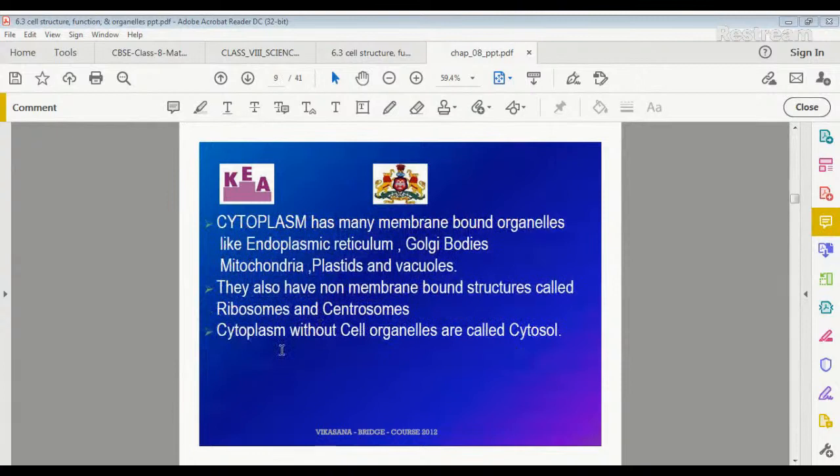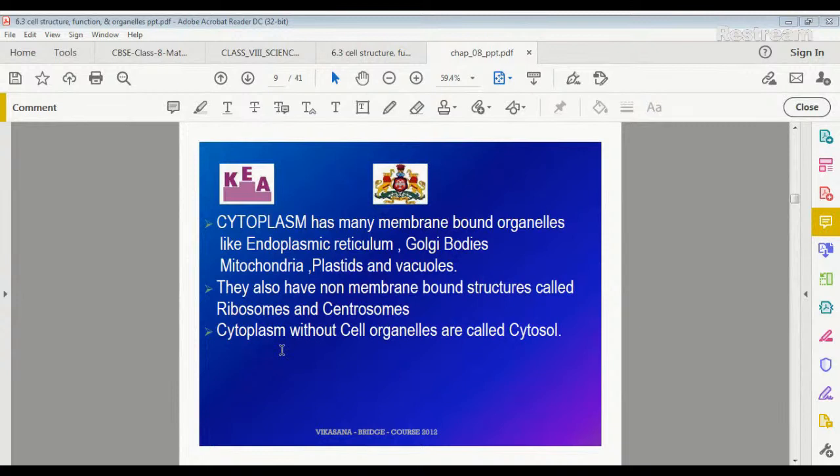Next, we will move on to cytoplasm. Now, cytoplasm is a jelly-like substance present between the cell membrane and nucleus. Various other components or organelles of cells are present in the cytoplasm, and what are these?